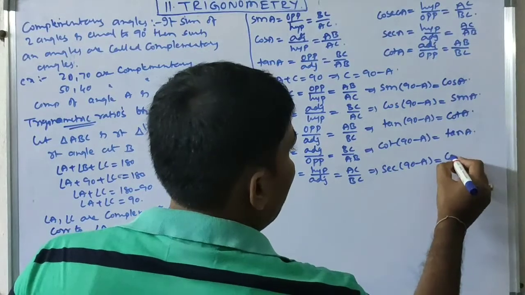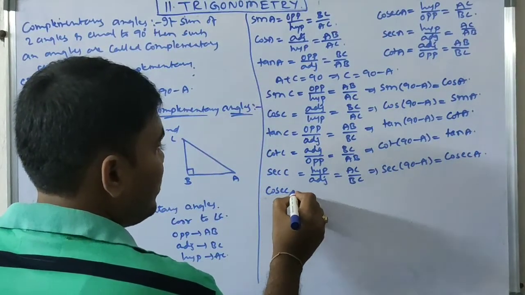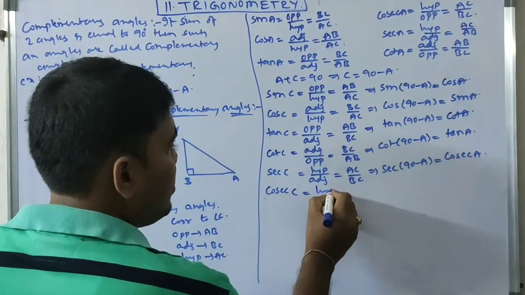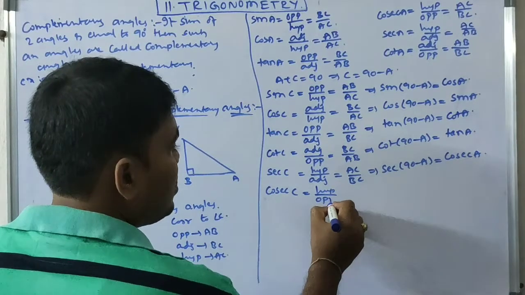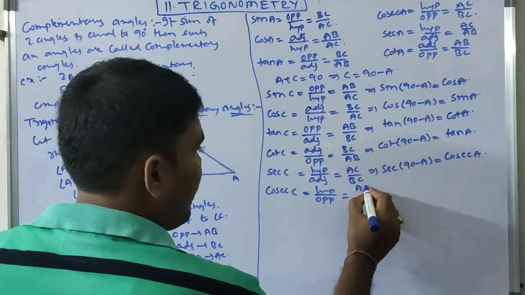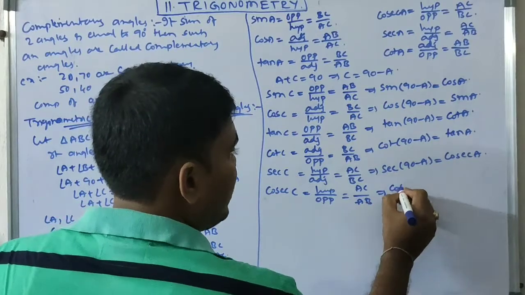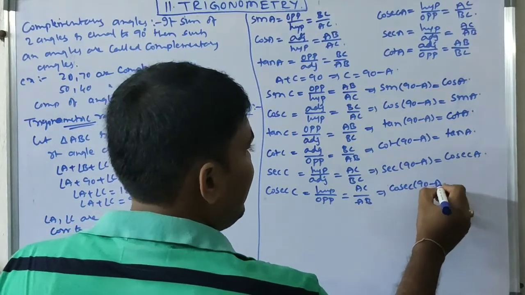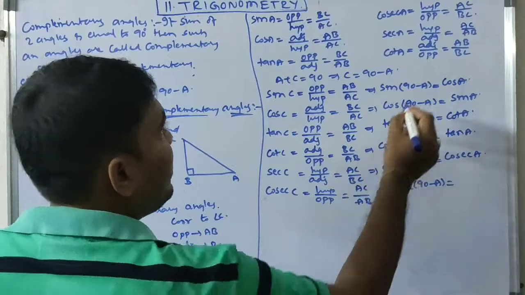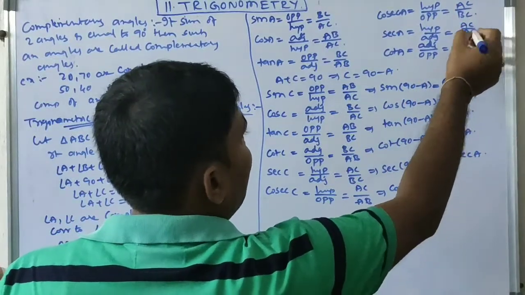Here it is cosec A. So cosec C equal to hypotenuse by opposite. Hypotenuse is AC, opposite is AB, implies cosec C equal to cosec of 90 minus A. This is equal to AC by AB, which is sec A.